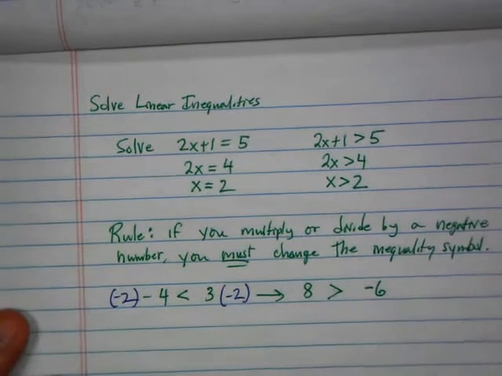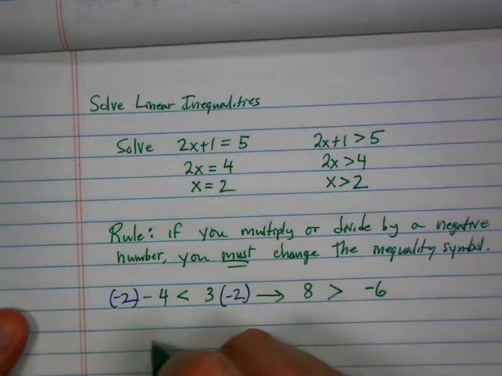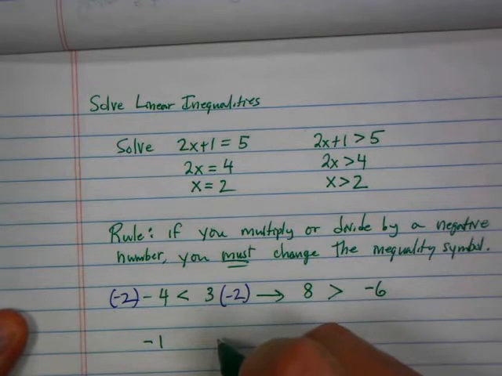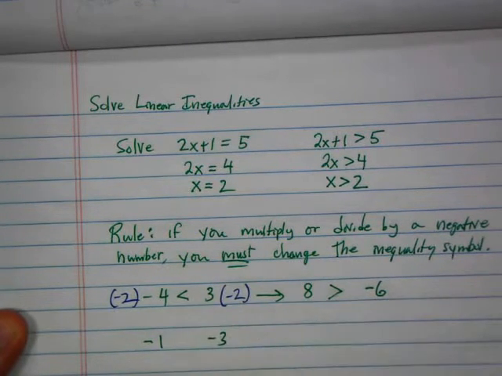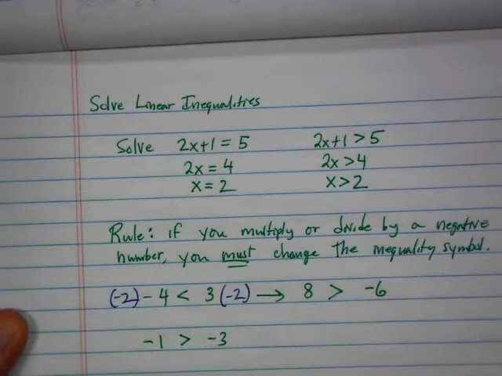That's the only way it works. Let's try that with divide. Give me two numbers again. -1 and -3. Which way should my symbol go? Greater than. Now give me a negative number that you want to divide by. -7.